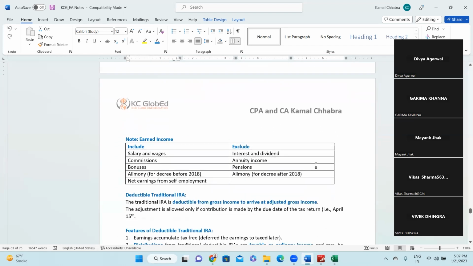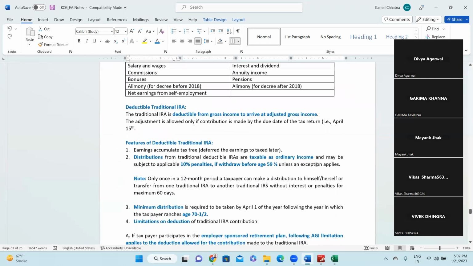So now let's understand in more detail about deductible traditional IRA. The traditional IRA is deductible from the gross income to arrive at the adjusted gross income.